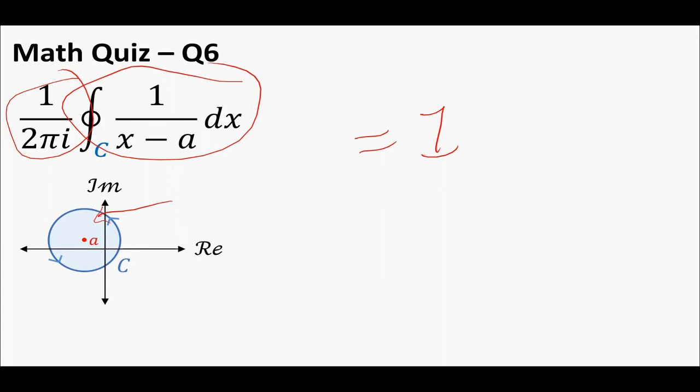And if you were to go ahead and do the substitution x is equal to a plus e^(i theta), and dx is equal to i e^(i theta) d theta, you'll see that, in fact, space does act the same no matter how you shift the graph.